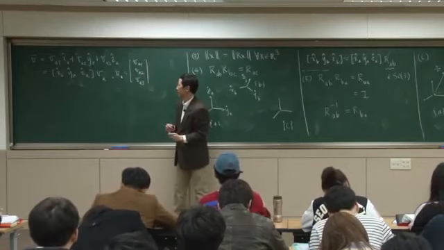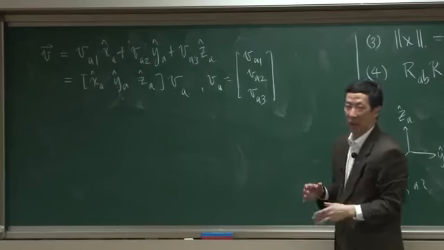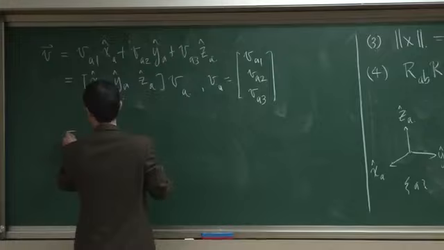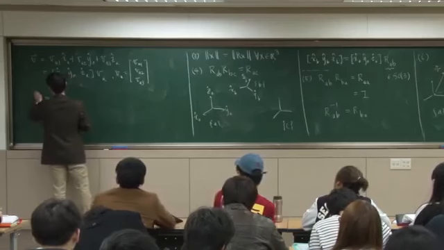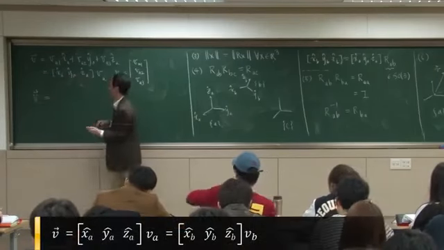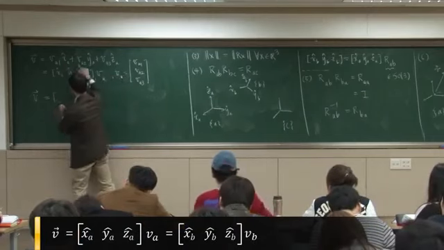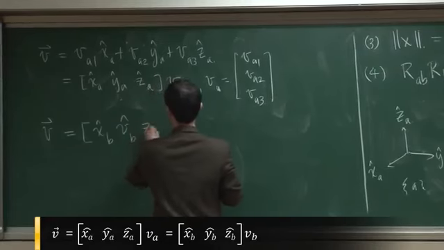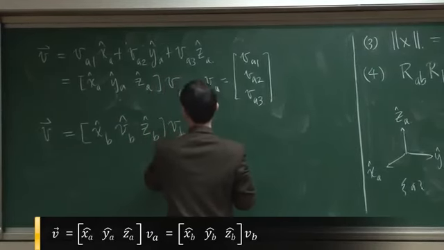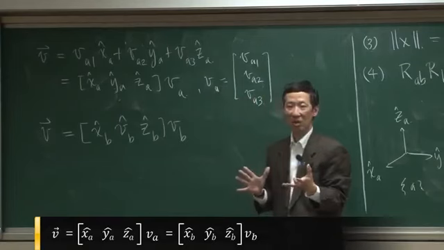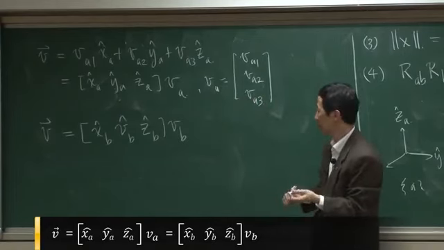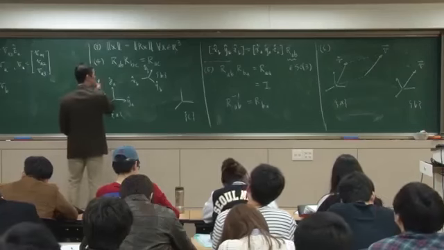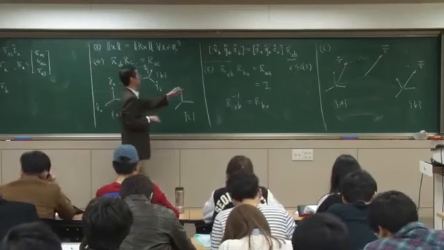I can also write this V in terms of the B frame coordinates as XB, YB, ZB times V sub B, for some three-dimensional vector V sub B. Now what I do is go over here.